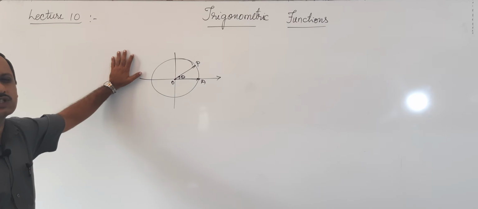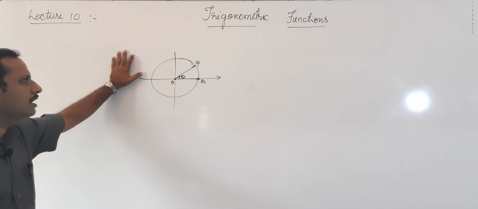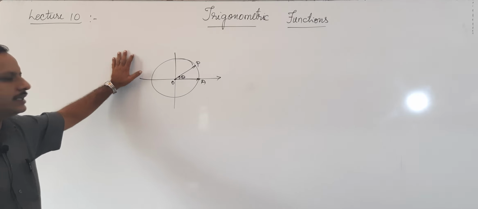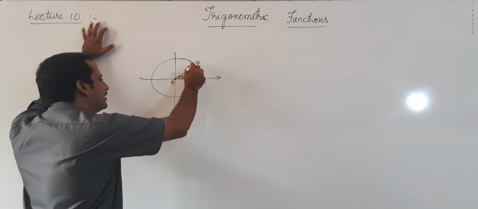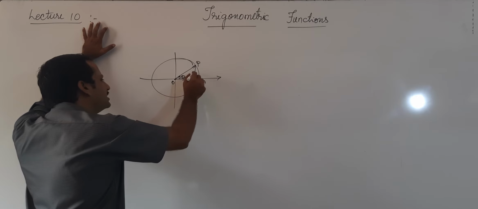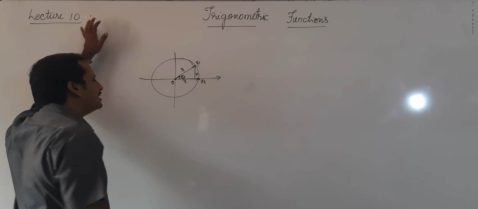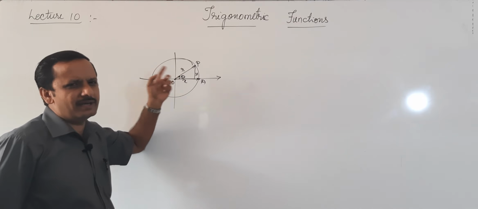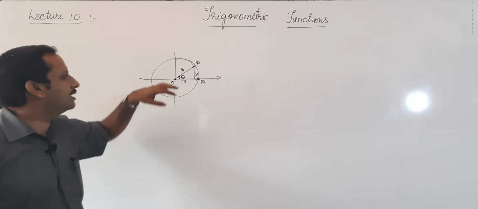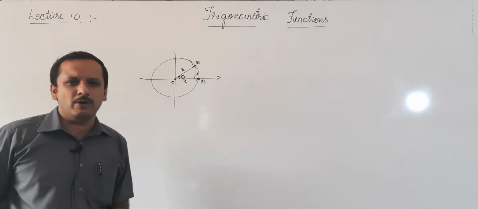One revolution means 2 pi radians. If I make one full revolution, it will come back to its original position, and the value of the trigonometric function is measured based on that ratio, whether cos theta is x by r, sin theta is y by r, etc. So for that, the position of that point is important.